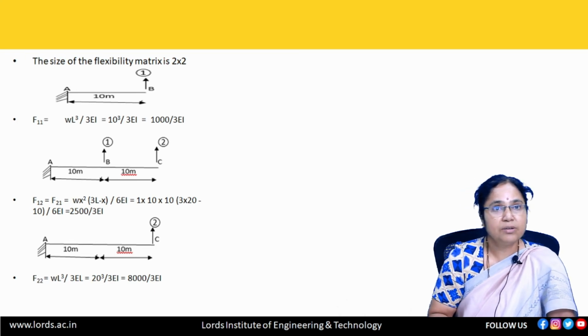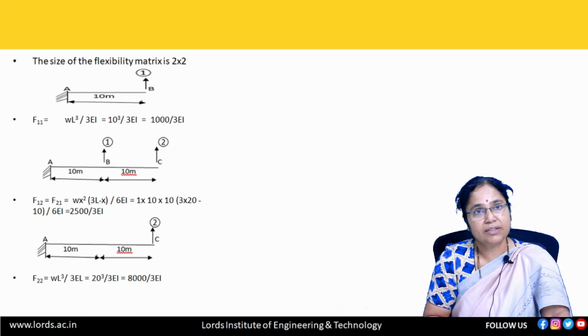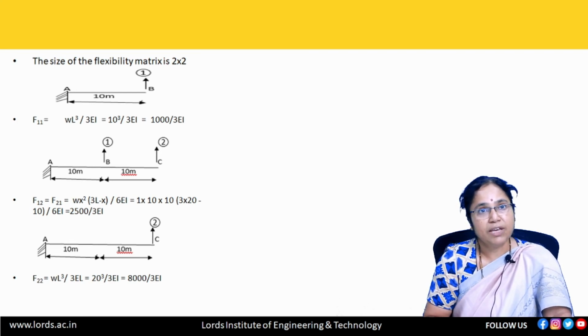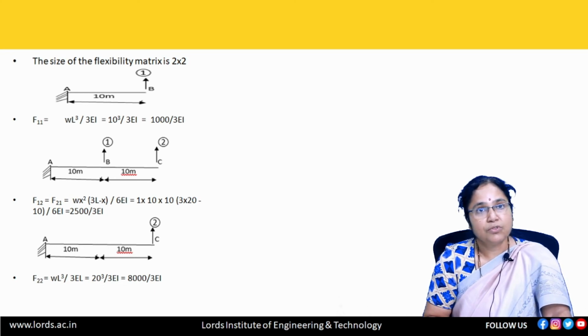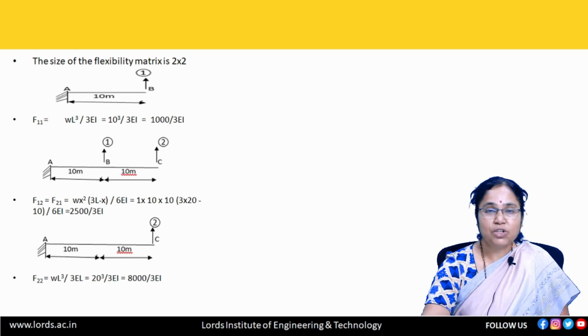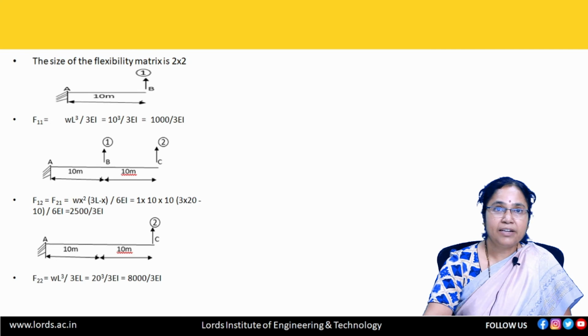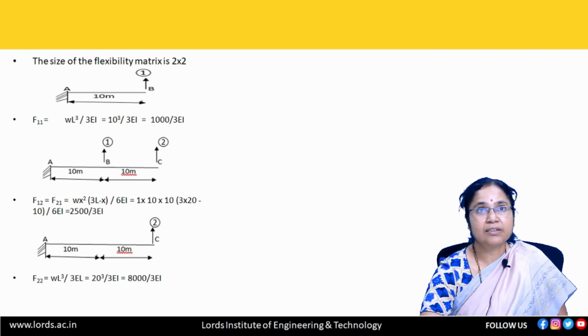Now the next parameter of the flexibility matrix is F22. In this case, we apply a unit load at 2 and also find the displacement at 2. So the formula is WL cube by 3EI. Substituting all the parameters, we get 8000 by 3EI.